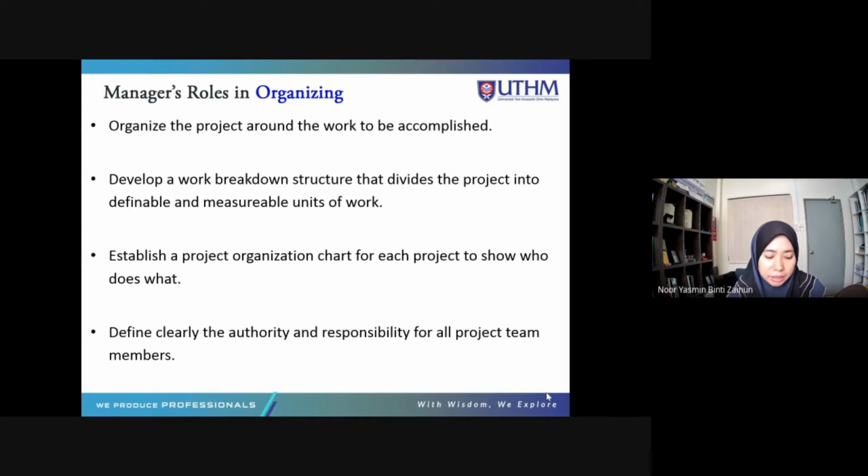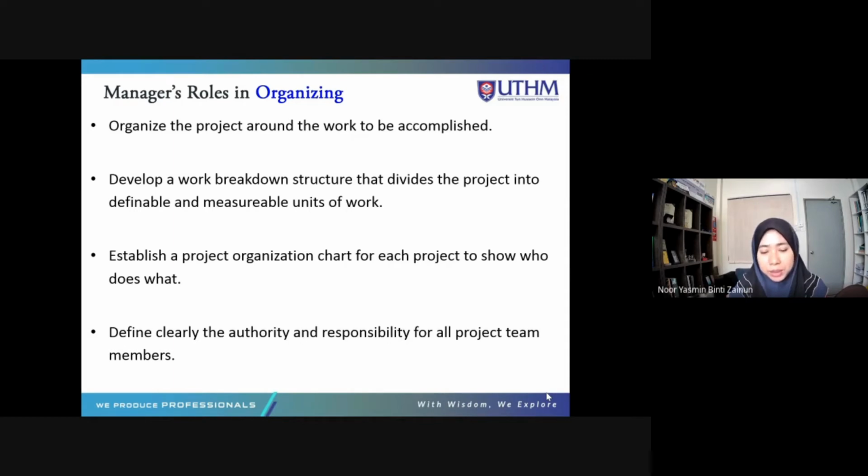In organizing, the manager's role is to organize the project and develop a work breakdown structure, WBS, then you can arrange the activities. The activities must come from phases. One group, and under it there are more groups. For example, like writing a novel: Chapter 1, and in Chapter 1 there are 1.1, 1.2.